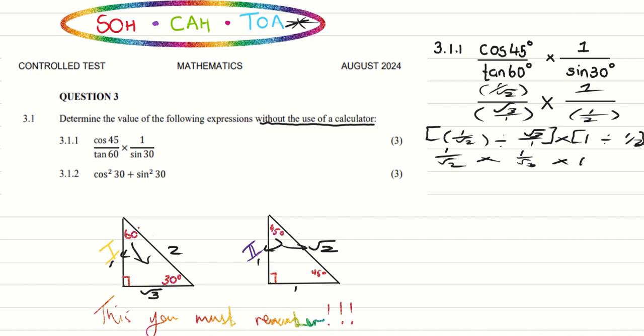We keep the one, we flip the other one, and we change the sign. And so now what we have here is 4 values being multiplied. 1 times 1 would be 1. Root 2 times root 3 would give you square root of 6, and all of that is being multiplied by 2 over 1. So your answer here should be 2 over the square root of 6 without the calculator.